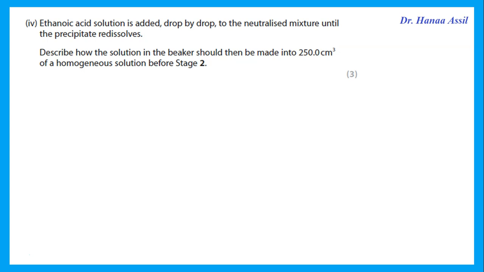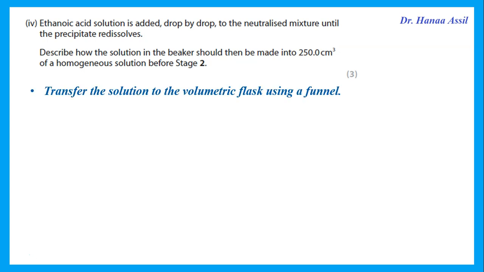When we make something into 250, what do we use? We use a volumetric flask. Remember that the volumetric flask has a mark. If we fill the solution to that mark, it is exactly 250.